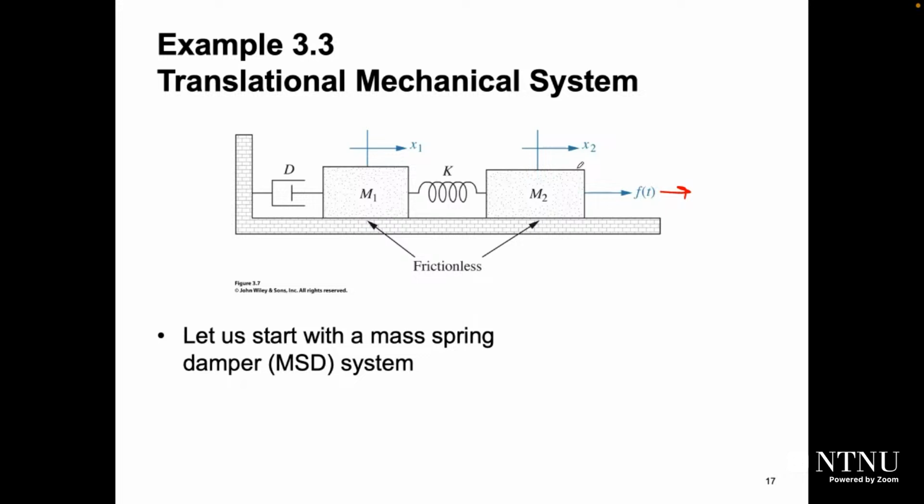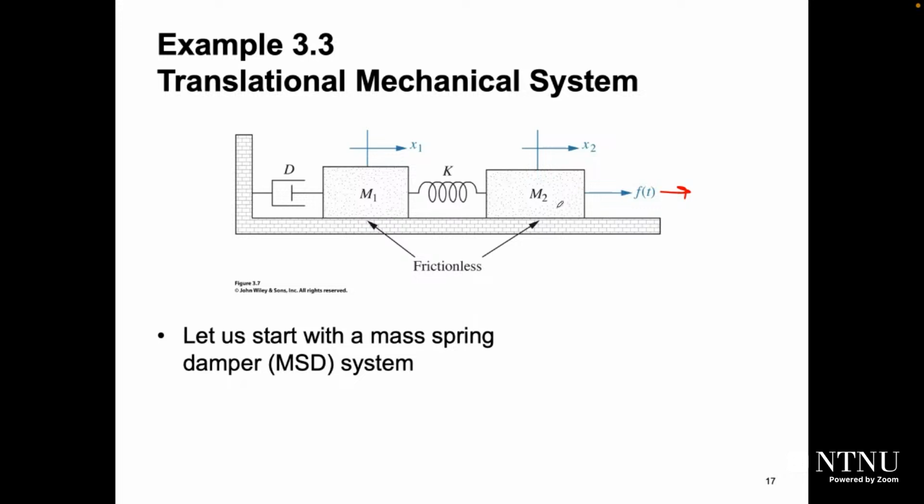So we call this system MSD, which is a mass-spring-damper system. We assume that M1 and M2 are frictionless and do not generate any friction, but of course M1 will generate a force to resist the motion, and this force will be proportional to the acceleration of M1. M2 also will generate a force to resist the motion, proportional to the acceleration of M2, which is x2 double dot.